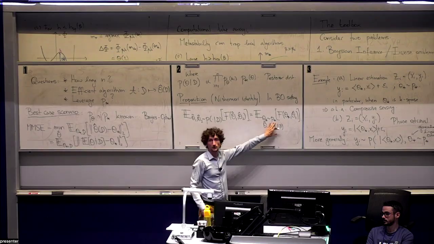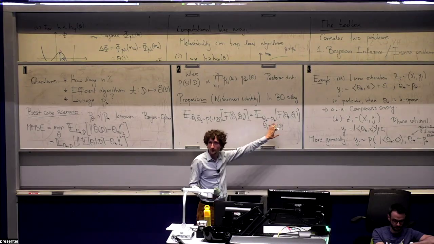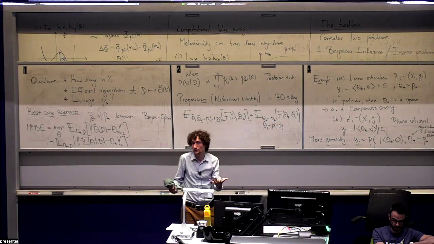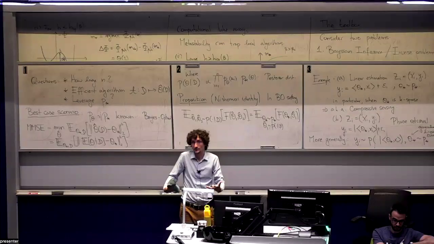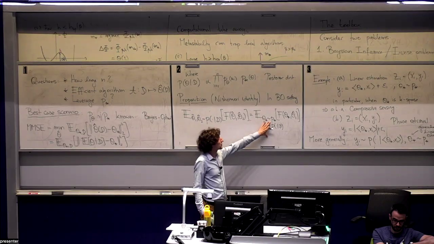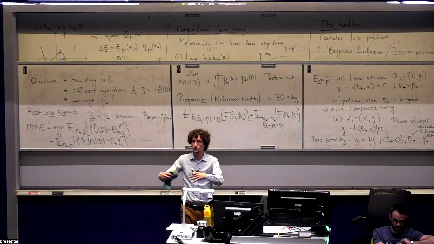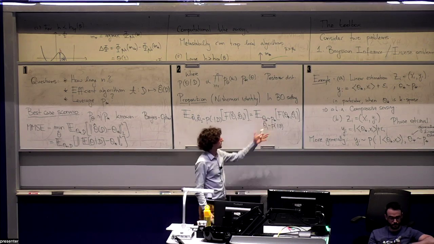So P star, sometimes you can call it like the prior distribution, but it's not a very good name, because that's actually the distribution where the signal has been drawn from. So it's not the prior of the statistician. Of course, in the Bayes optimal setting, the statistician uses the same prior as the one that has generated the data, because if you have access, why wouldn't you use it? But in general, you can make this distinction between the prior, which is what you're going to use to estimate, versus the true generative process of the signal, which I'm calling P star.